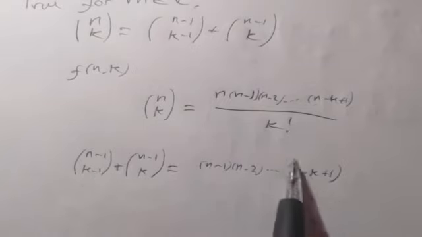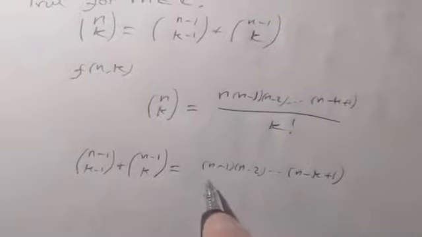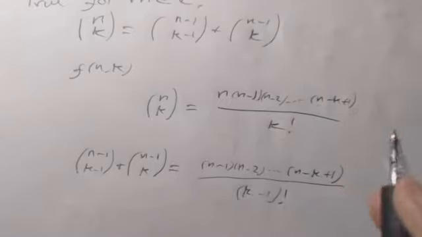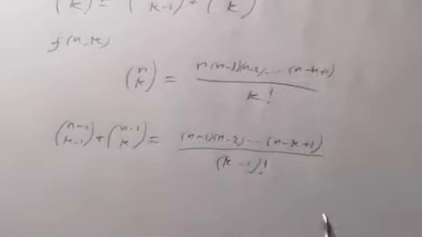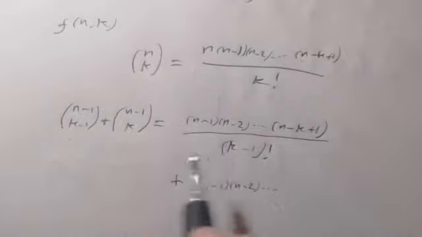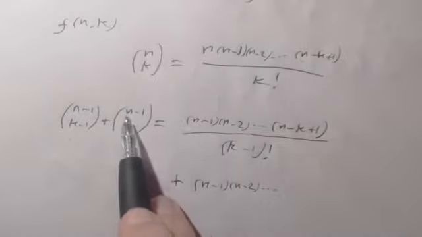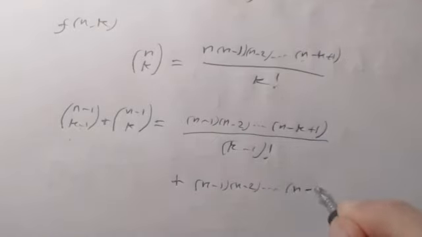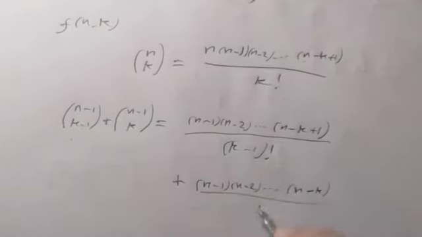The minus 1s get cancelled out, and it's going to be over k minus 1 factorial, and this bit here is going to be plus n minus 1, n minus 2, dot dot dot. So this time it's going to be n minus 1 minus k plus 1. So it just goes all the way down to n minus k over k factorial.